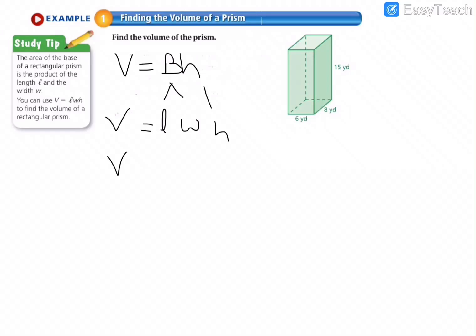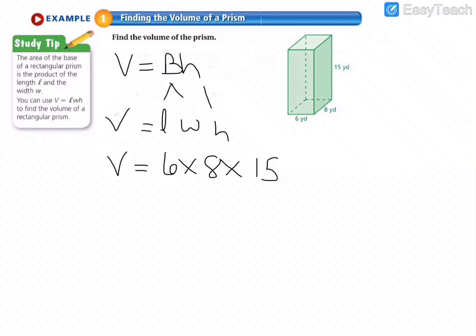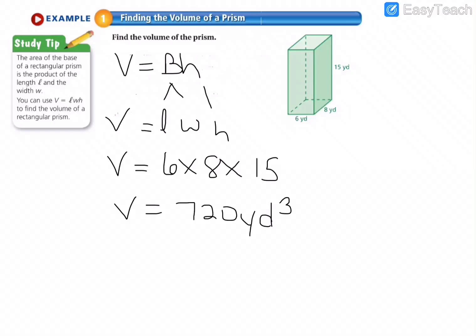Okay, so volume equals 6 times 8 times 15, and my volume equals 720 yards cubed, or cubic yards, however you would like to say it. And that's it for a rectangular prism. That's something that you're used to. You're used to doing length times width times height.